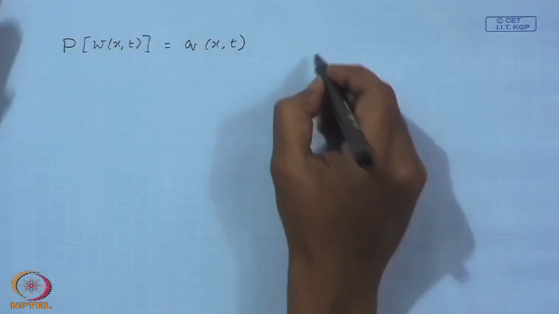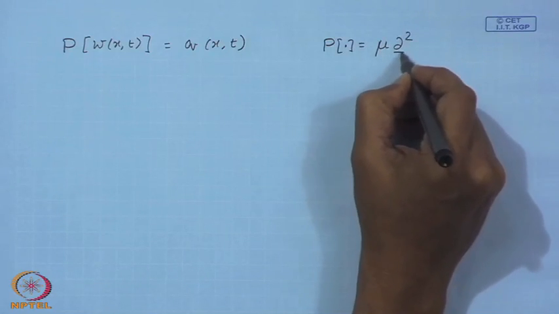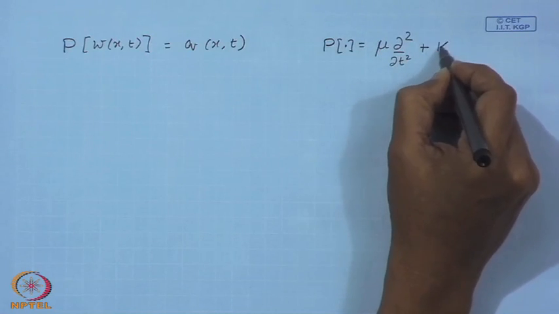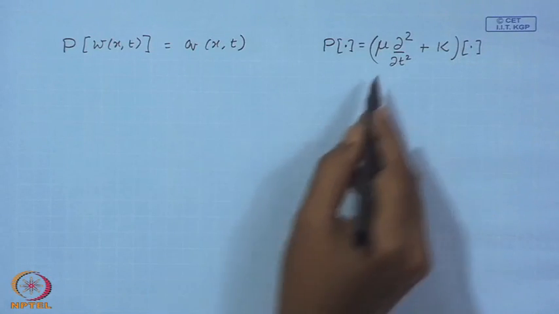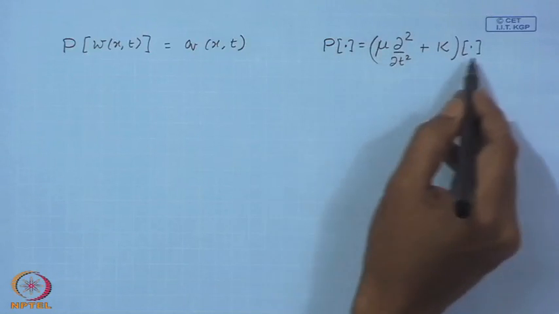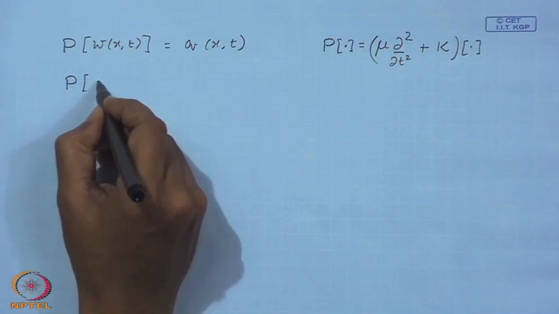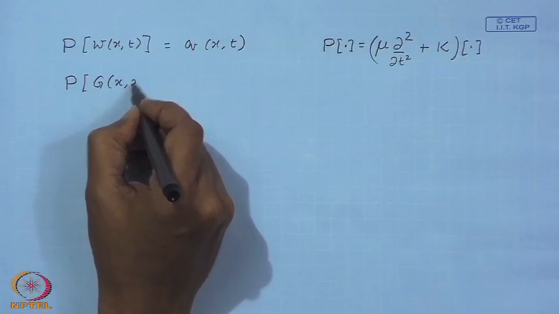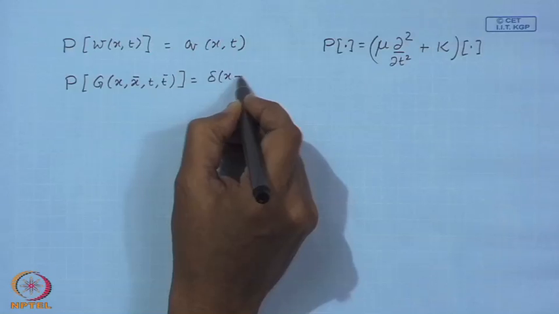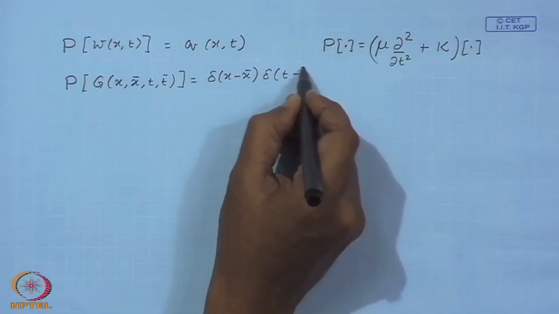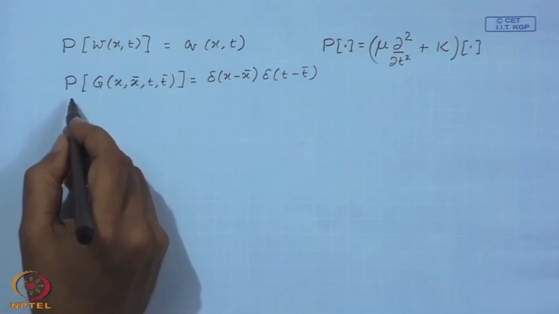This is our problem, where I am representing this full operator using P. Now, what we do is we are actually solving this problem first, with of course, those homogeneous boundary conditions and 0 initial conditions.